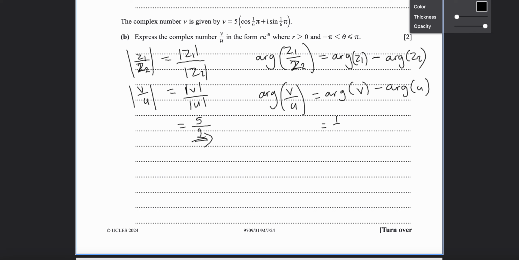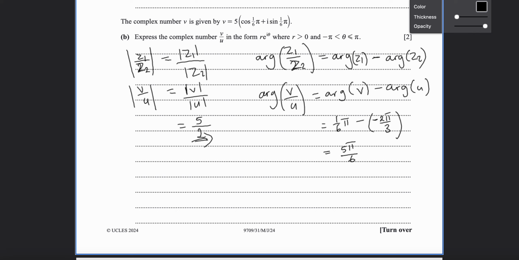And the argument of u, from our previous calculation, is minus 2 pi over 3. So subtracting this gives us 5 pi over 6. So the argument of v divided by u is 5 pi over 6.